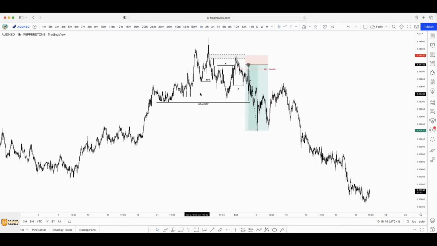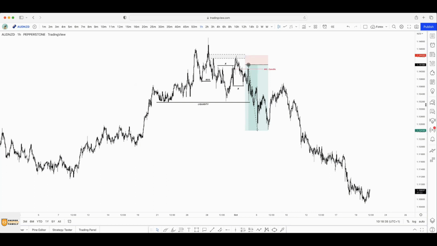Now this is where we are today. You guys can see that was the entry, and price just left that area, and it's been dropping since. I just want to explain the trade idea, why that entry, the liquidity, and everything.